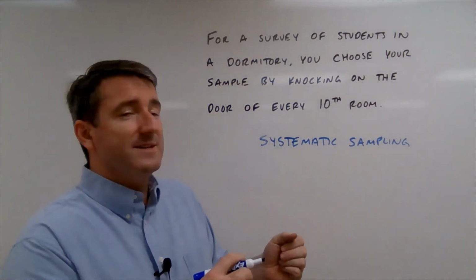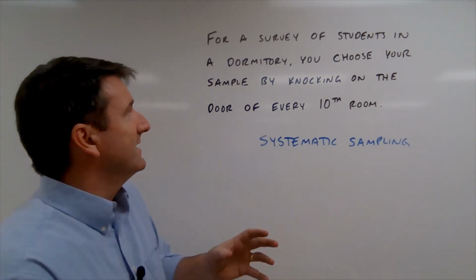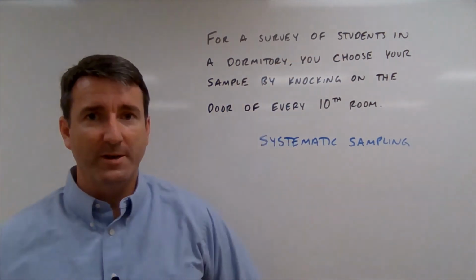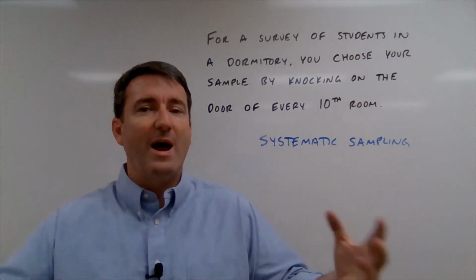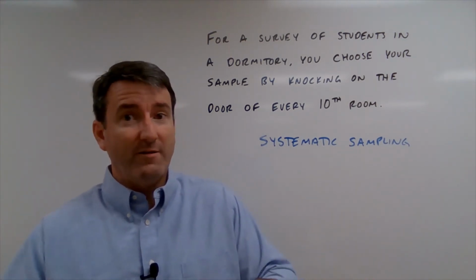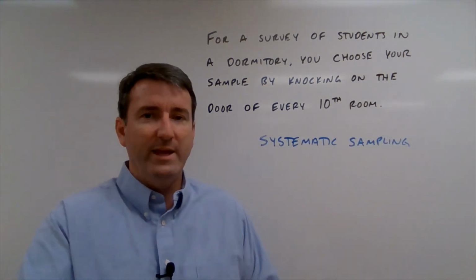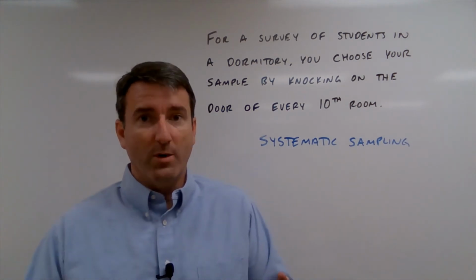As for whether or not this is likely to give us a representative sample, I think it is, because our population is students in the dormitory. And by using this system, we're getting a sample of students throughout the dormitory. We're not focusing on just one floor of the dormitory or one wing. We're getting students throughout the dormitory by knocking on every 10th door.